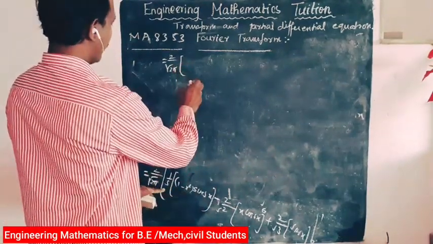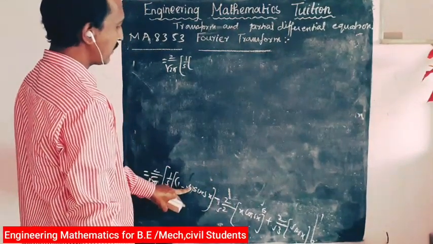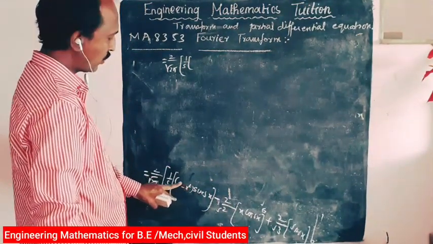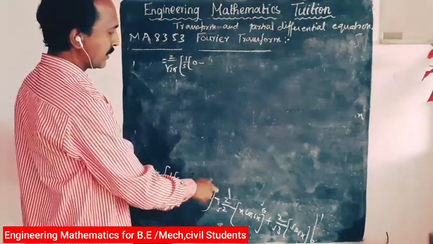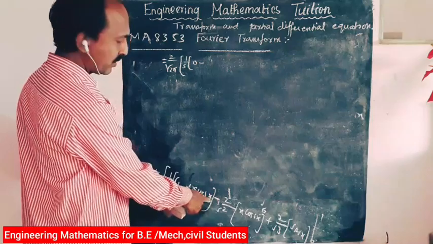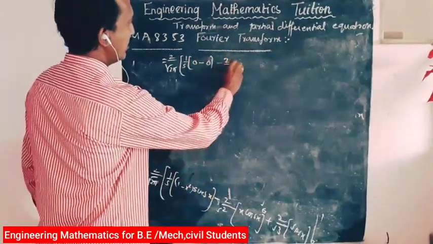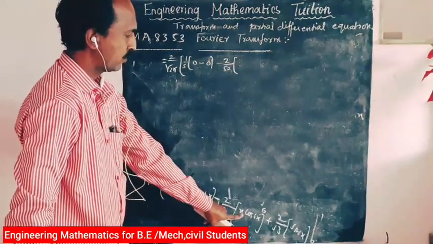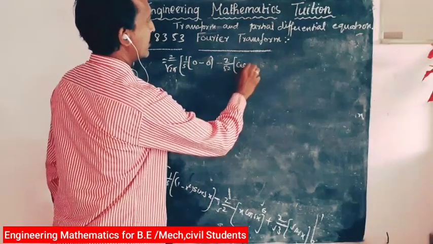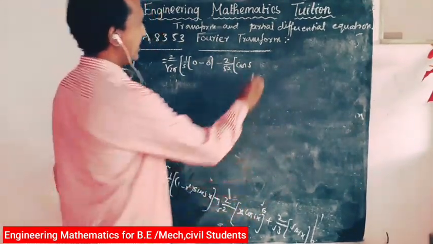So that is 2 by root of 2 pi, 1 by s into, substituting the upper limit x equal to 1, 1 minus 1 is 0, upper limit minus lower limit. Here the sine term is multiplied by 0, so directly the value is 0. Then minus 2 by s squared into x, that is 1, cos s; the lower limit is a multiple of x, so the value is 0.